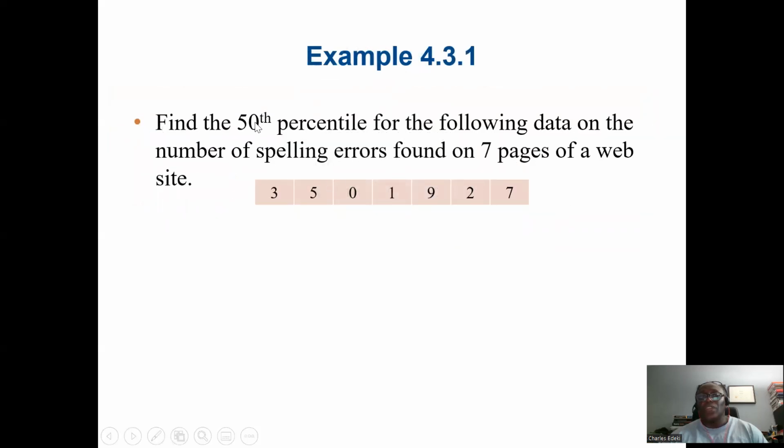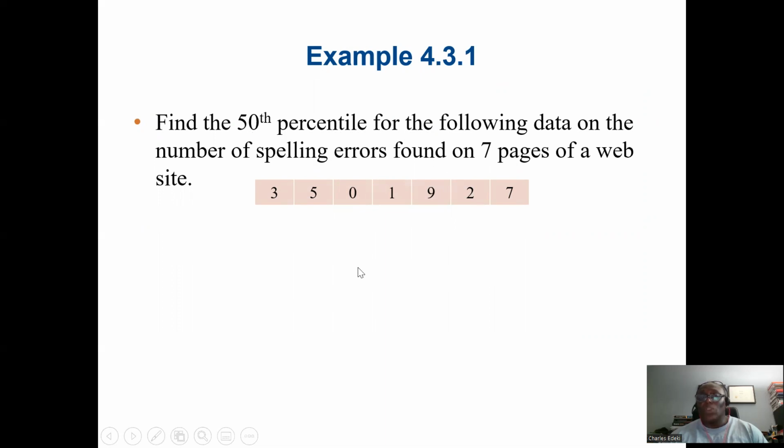Here they say we should find the 50th percentile for the following data on the number of spelling errors found on 7 pages of a website. So these are the 7 data values given to us. The first thing we do, again, n is equal to 7. We are looking for the 50th percentile, so p is 50 divided by 100.